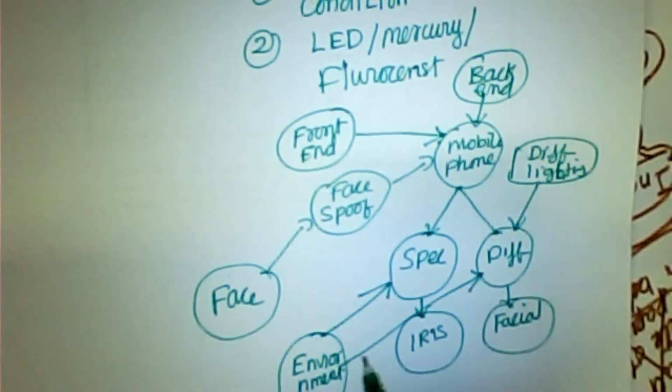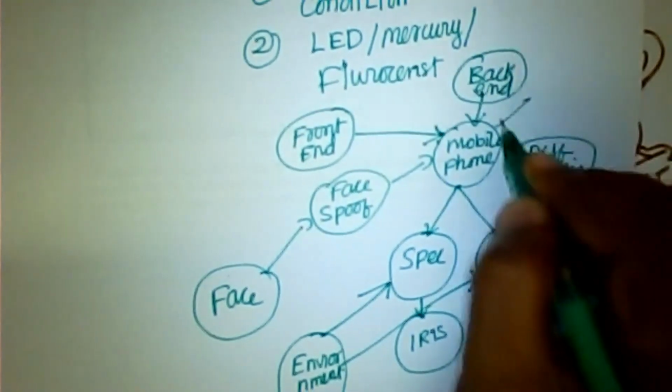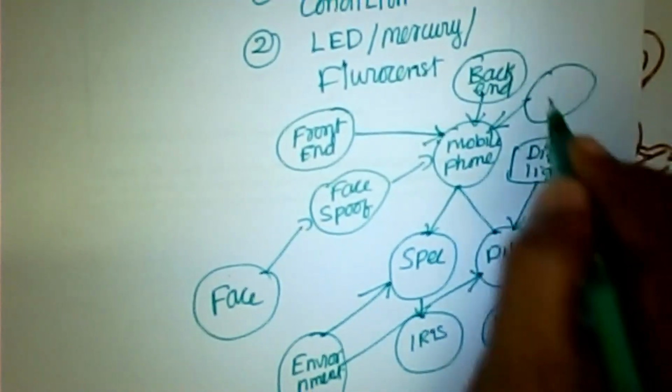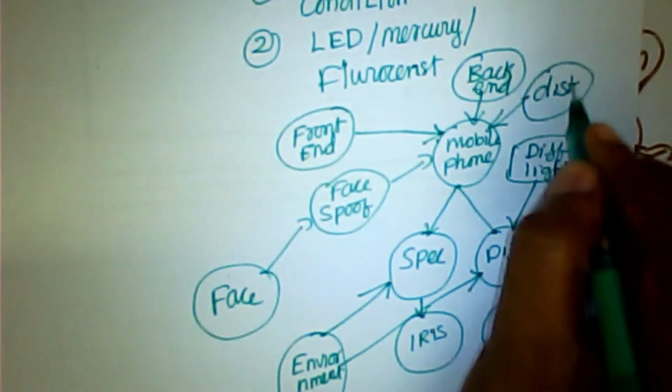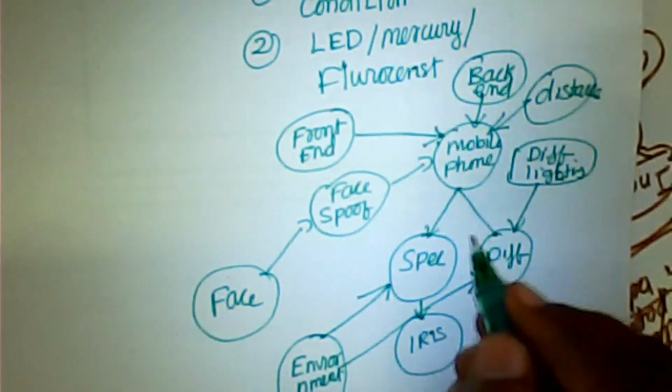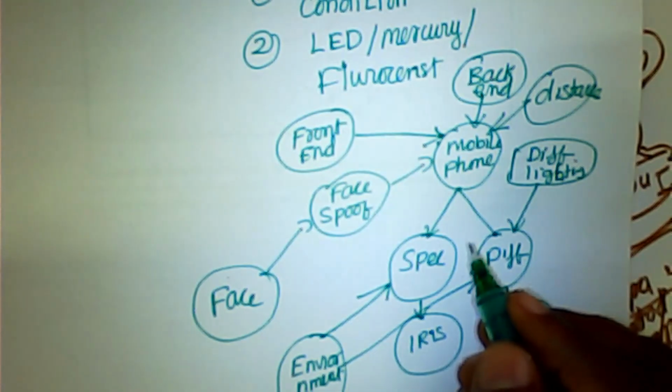A very important question which I'm going to place here is that they have taken it with the mobile phone. If my distance changes, see, these are the research questions. If my distance changes during the image acquisition, how will the spoofing be?